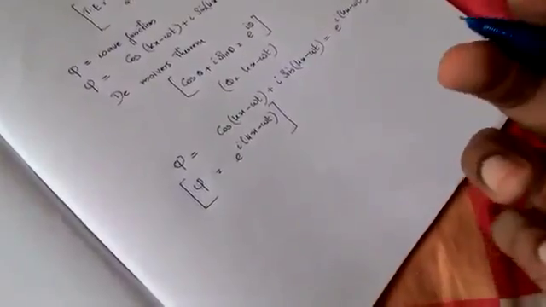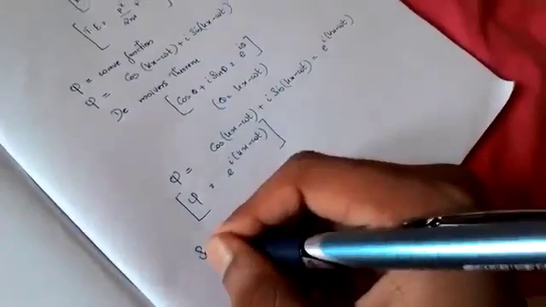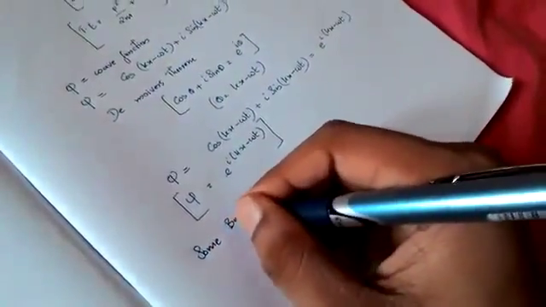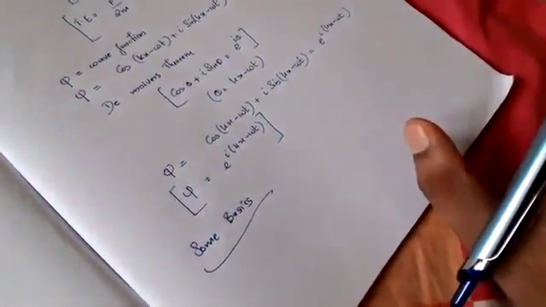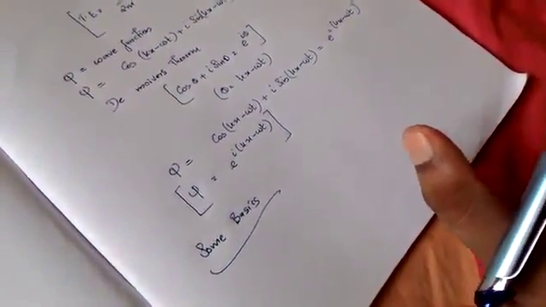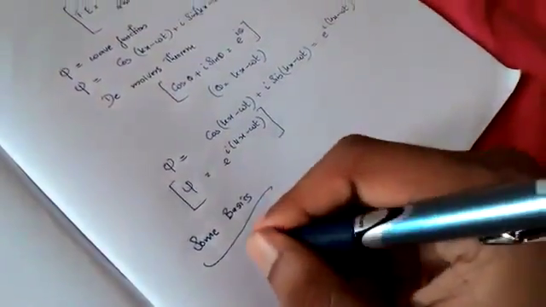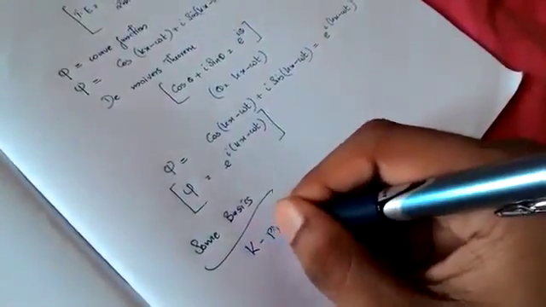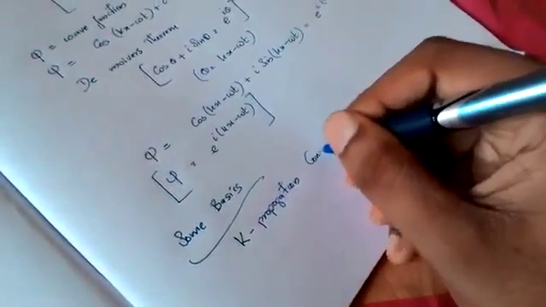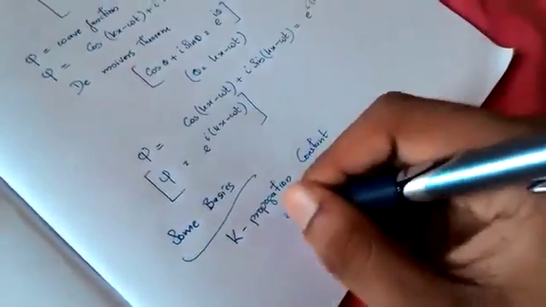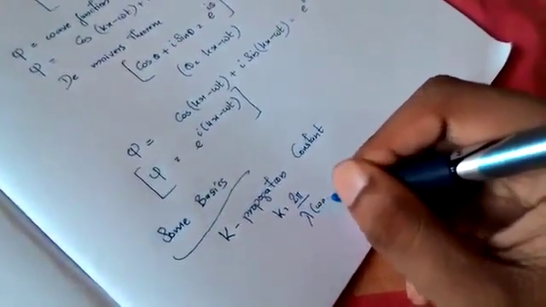To derive the equation, we need some more basic formulas. First, for a wave to travel in space, it needs a propagation constant, which is constant for a particular wave. We need k; k is called the propagation constant. You can write k equal to 2 pi by lambda, where lambda is the wavelength.